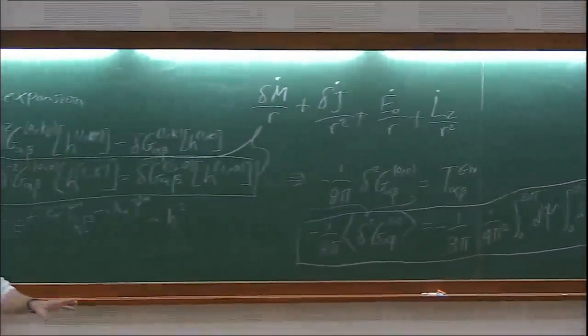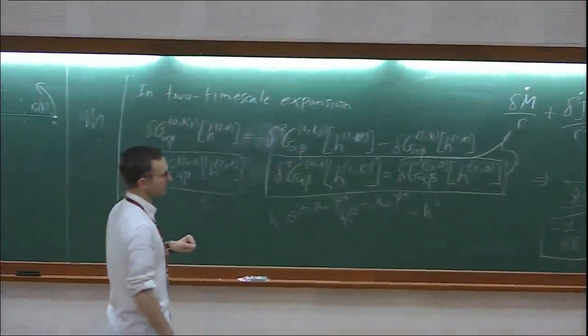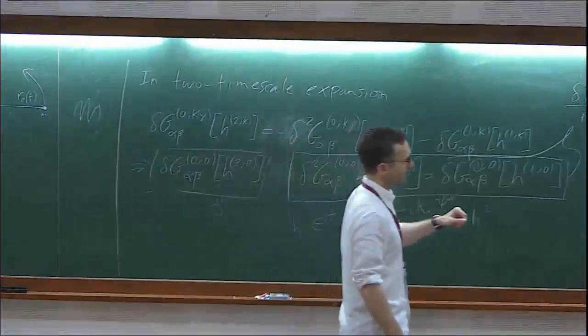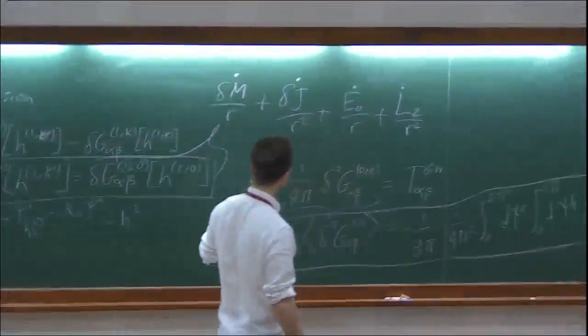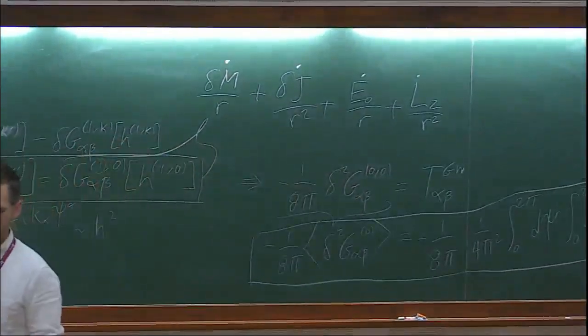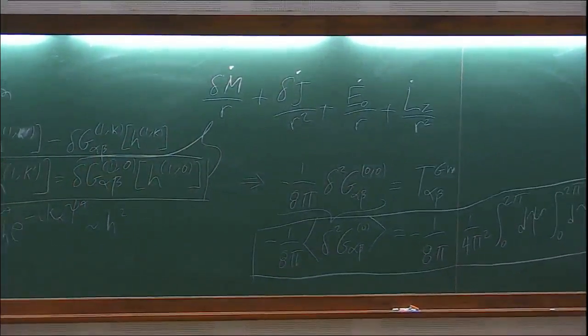That selects a geodesic. You calculate the waves that are sourced by that geodesic. You then calculate the fluxes using this stress energy. That gives you an E dot and L dot. And you then update to the next geodesic. Okay, any questions about this before I move on to the next topic?